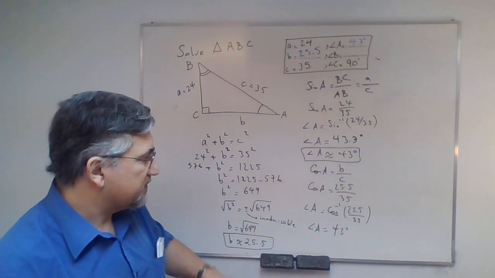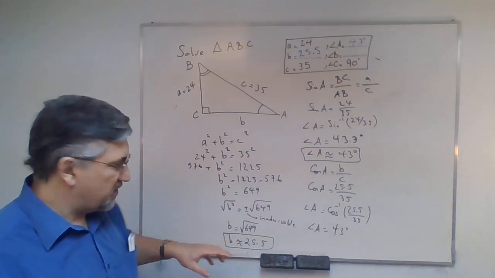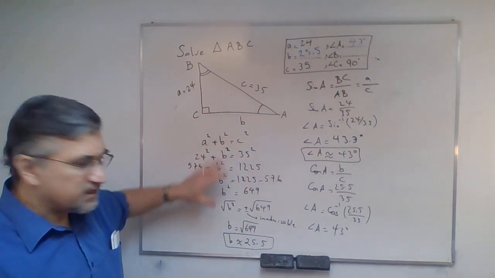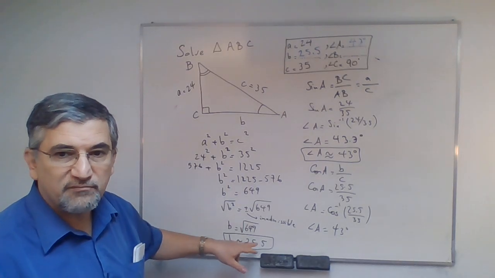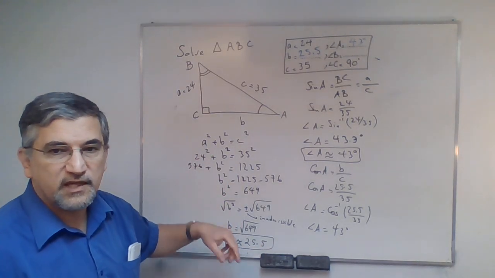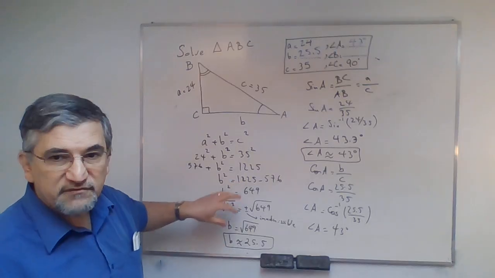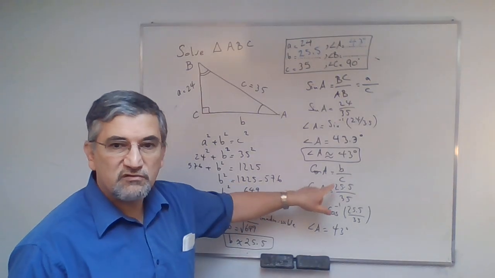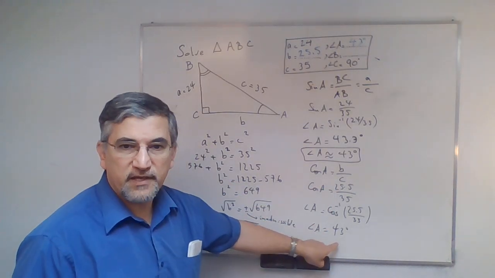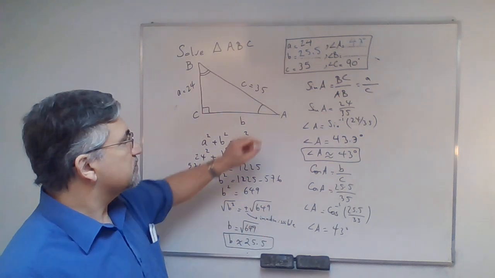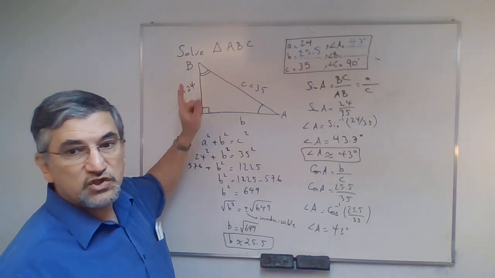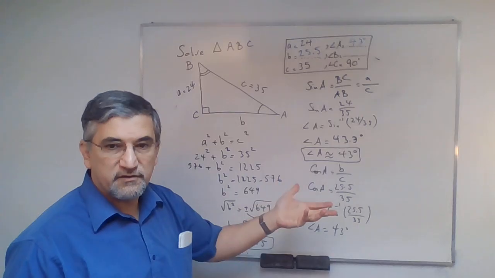But the thing is that, God forbid, if you make a mistake in finding the value of B, and let's say instead of getting the correct answer of 25.5, you get some weird answer like 52 or something, okay? And if that is 52, you're using 52 as a wrong answer to find another wrong answer, right? So that's why, to be on the safe side, it's better to use the values that are given in the problem because there is no error involved in them.